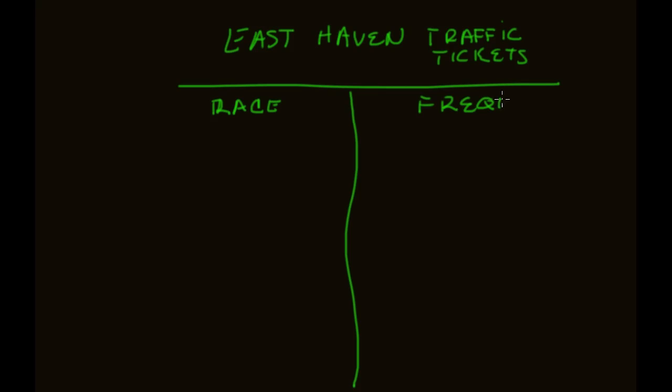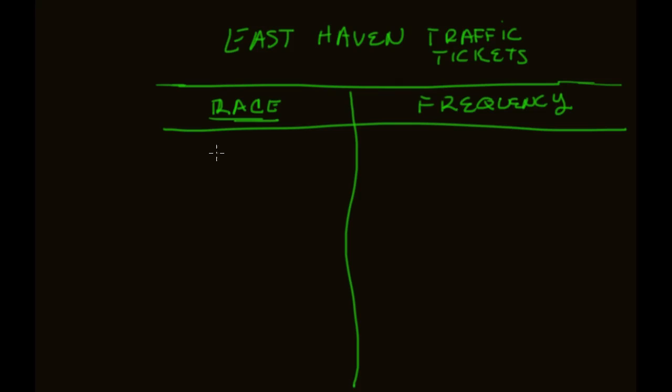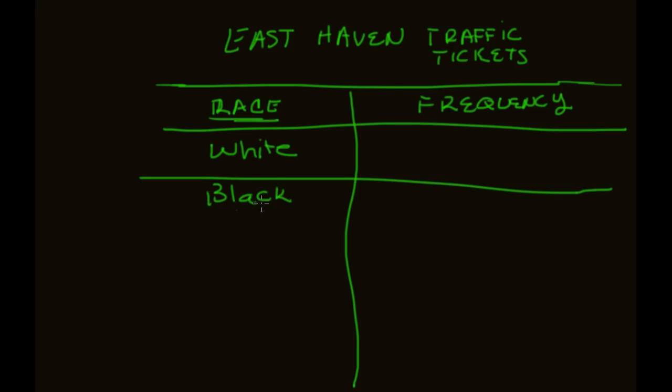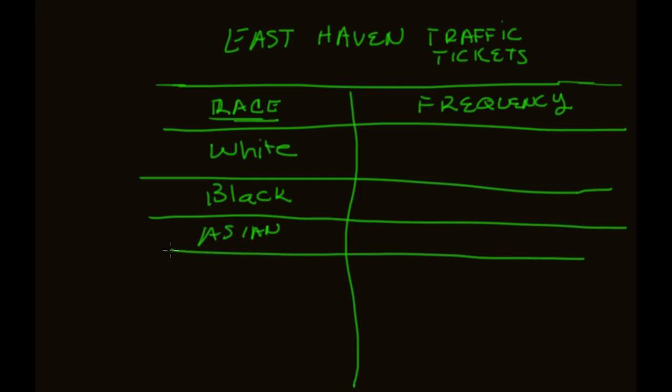Race is definitely a piece of qualitative and not quantitative data. It's something that you can't easily put a number to. It's not something that's counted or measured. So let's make a list of identified races on these tickets. White was one of the races used on tickets. Black was another. Asian was a race used in reporting.